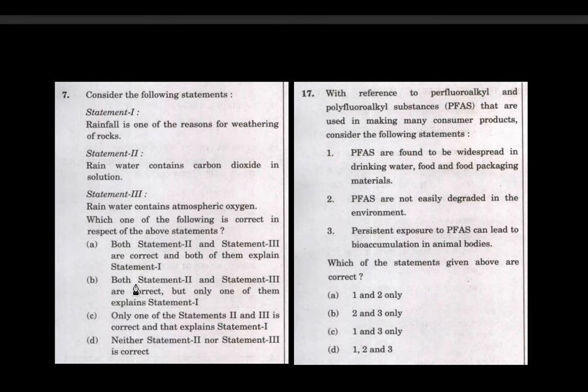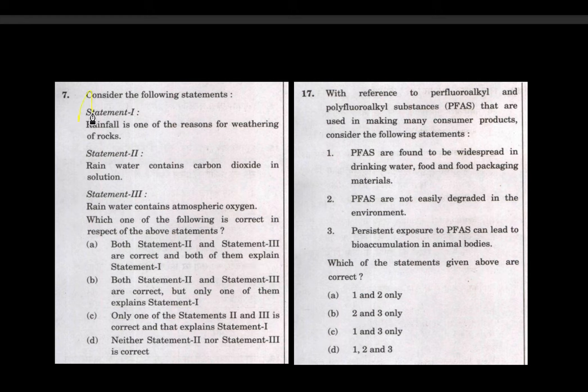This is the 3 statement question I was talking about, the new format, where rainfall is one of the reasons for weathering of rocks. Rainwater contains CO2 in the solution. Rainwater contains O2, atmospheric O2. Which of the above statements: both 2 and 3 are correct, and both of them explain statement 1?